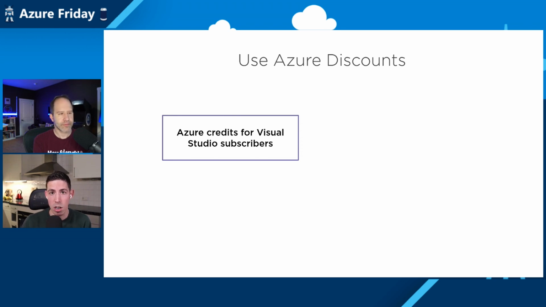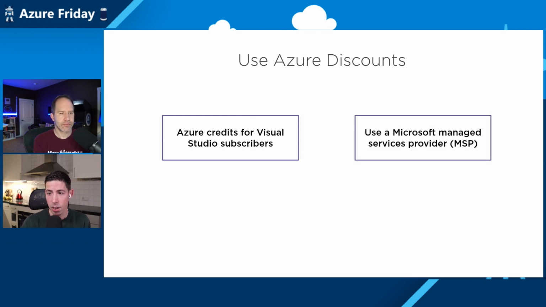But for instance, $130 per month that you get to spend on dev test resources within Azure. So that's a great way of reducing your costs overall as a company, as developers can then test out their services within this budget.